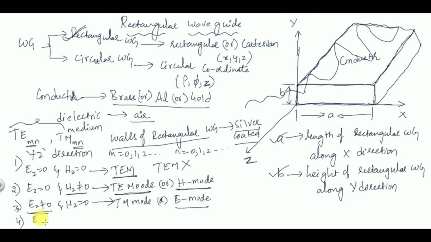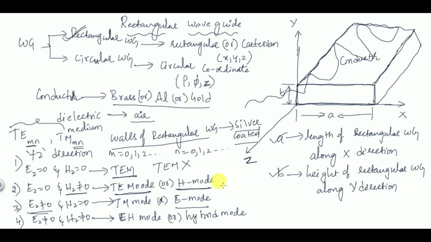Fourth, if Ez is not equal to 0 and Hz is also not equal to 0, then that type of mode is called EH mode, or hybrid mode.